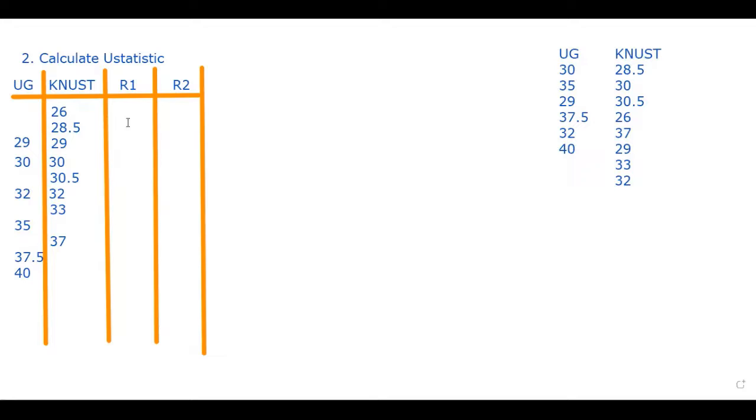Okay, so let's move on to ranking. How do you rank? The lowest number will be 1, the next one will be 2, and in that way. But when we get to a tie, the numbers which are tying share the positions. So the first number will be position 1.